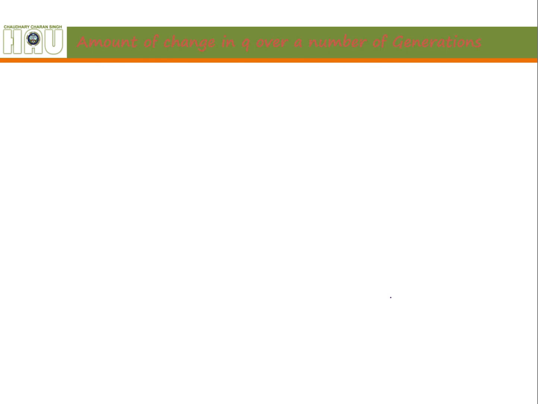Now we are interested in finding out the amount of change in Q over a number of generations. We have developed this relation. We know that delta Q is equal to minus SQ0 square into 1 minus Q0.